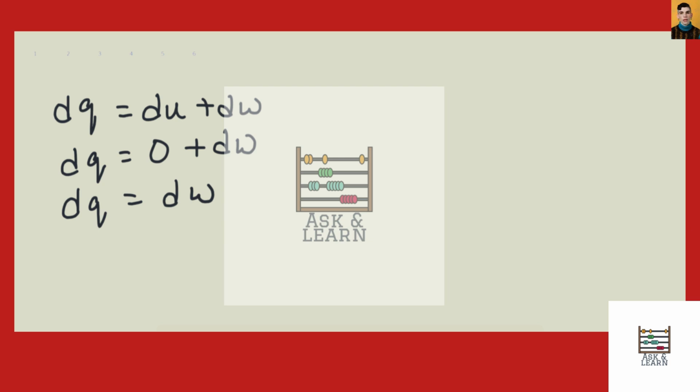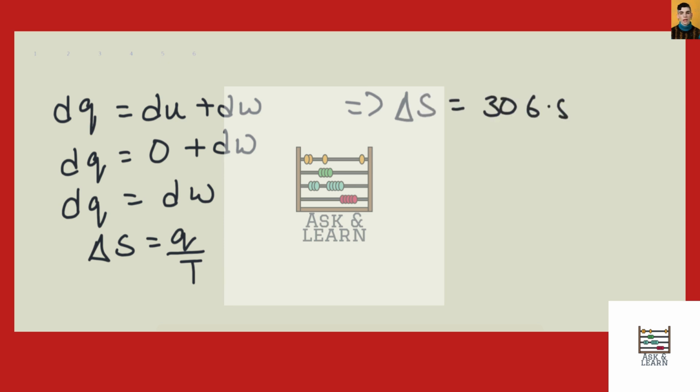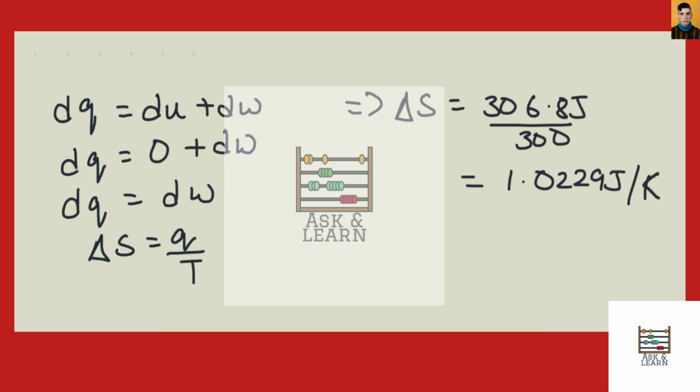We have the second law of thermodynamics that says delta S equals Q divided by T. We substitute the value of Q and temperature, that gives us delta S equals 306.87 divided by 300 Kelvin. So the entropy turned out to be 1.0229 joules per Kelvin.